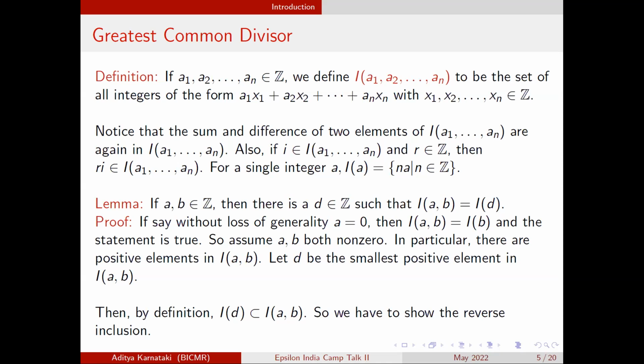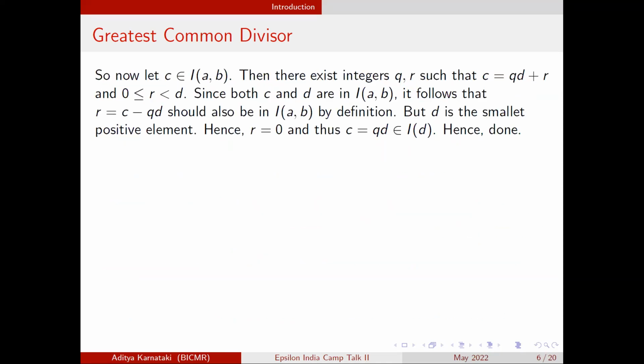And so C minus QD is a difference of two elements in I of AB. But that is R. Correct? So R should also be in I of AB.